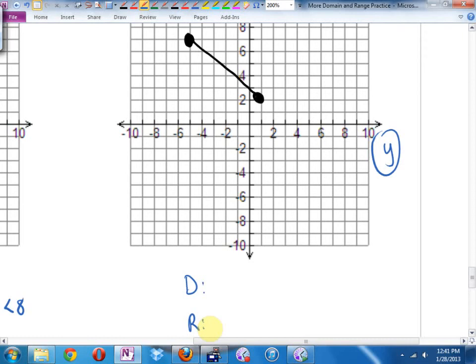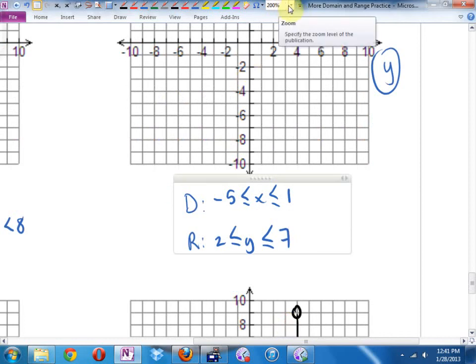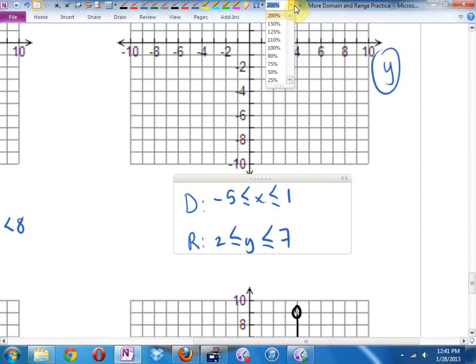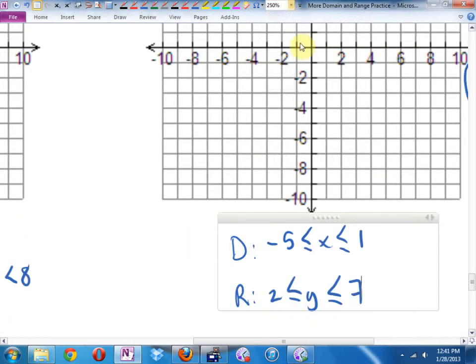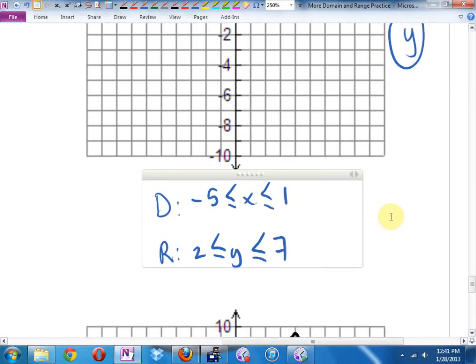Touching, touching, ending, ending. -5 less than or equal to x less than or equal to 1 for the domain. For the range, 2 less than or equal to y less than or equal to 7. Touching, touching. Yes?